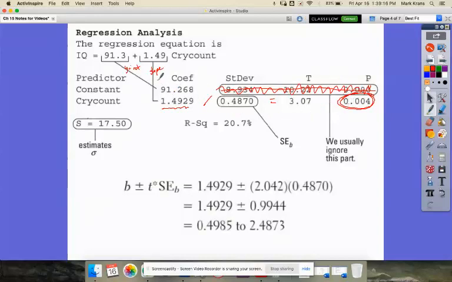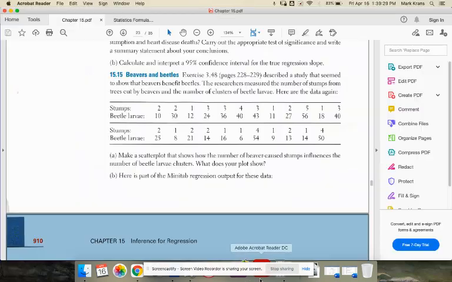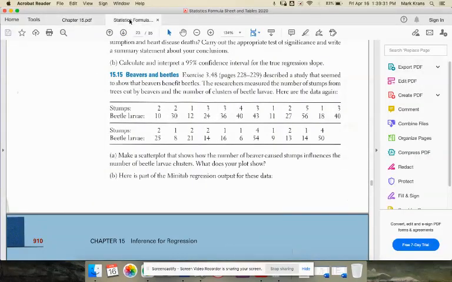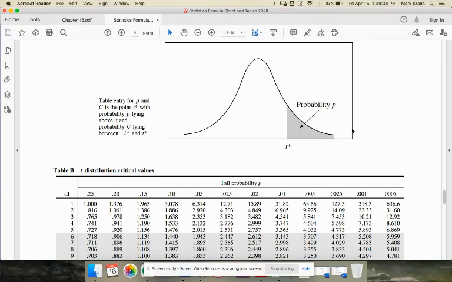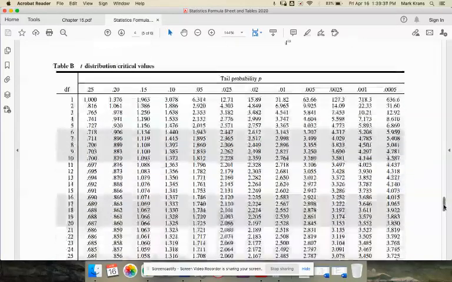But notice, what do we need? We need our b. Well, this is our b right here, 1.4929, so we put it in right there. We need a t star, which I can get from my table. We had, I think, 38 pieces of data.